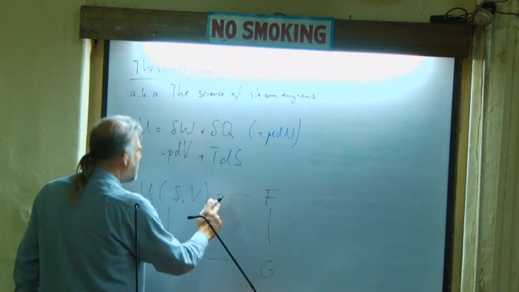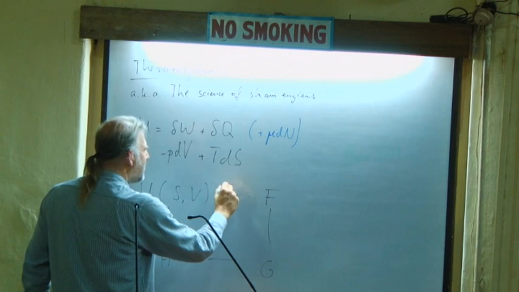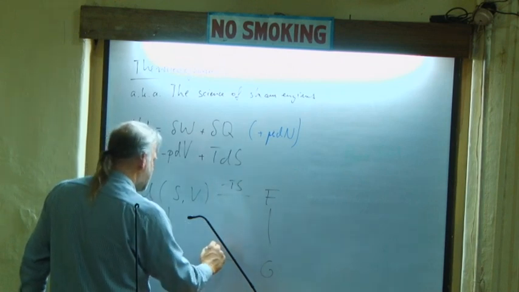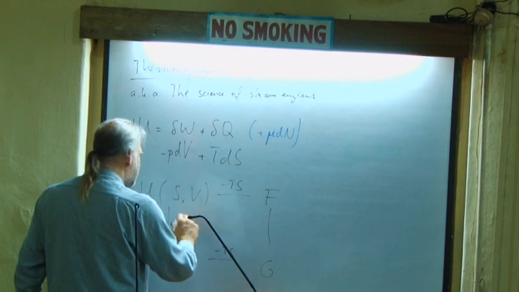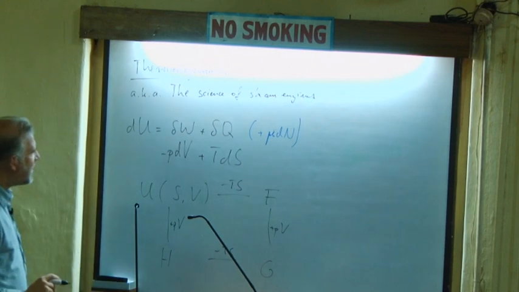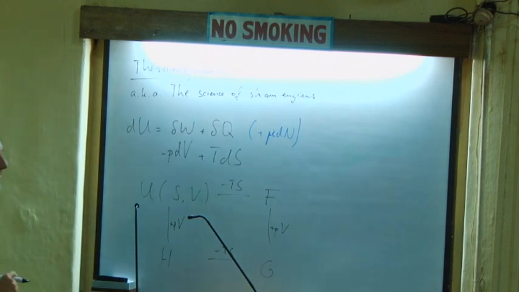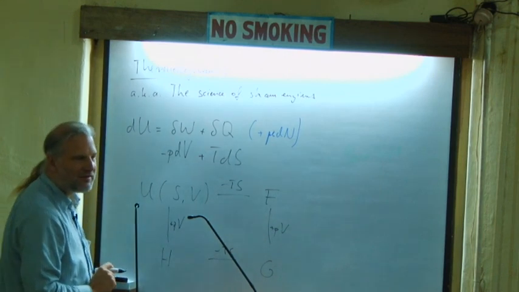So what do the lines mean? The lines mean some transformations. Here in this direction you do minus Ts, and here in this direction you do plus PV. So these are Legendre transforms, and they change the variables of these functions.